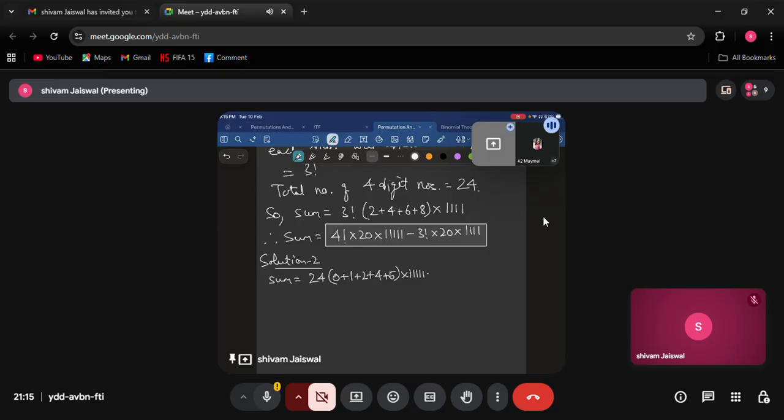And from here, we need to subtract those numbers when 0 is in the first place. So minus 3 factorial into 0 plus 1 plus 2 plus 4 plus 5, multiplied by 4 ones. This will be your answer. Anandit, you are making a mistake. For the next one, it should be four ones because it is a four-digit number now.